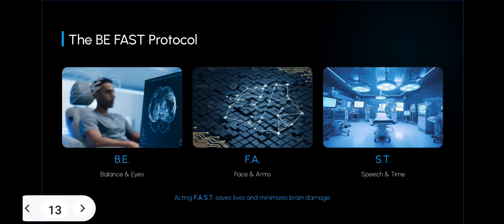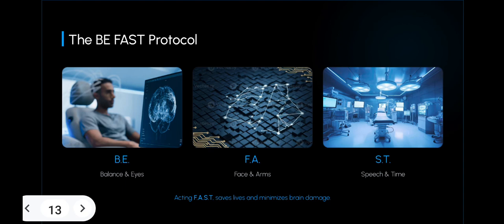Even after recovery, first you need to work on balance and eyes, because when you get a stroke, first you get lower balance or lower self coordination and dizziness. So first you need to work on your balance and eyes after you recover.